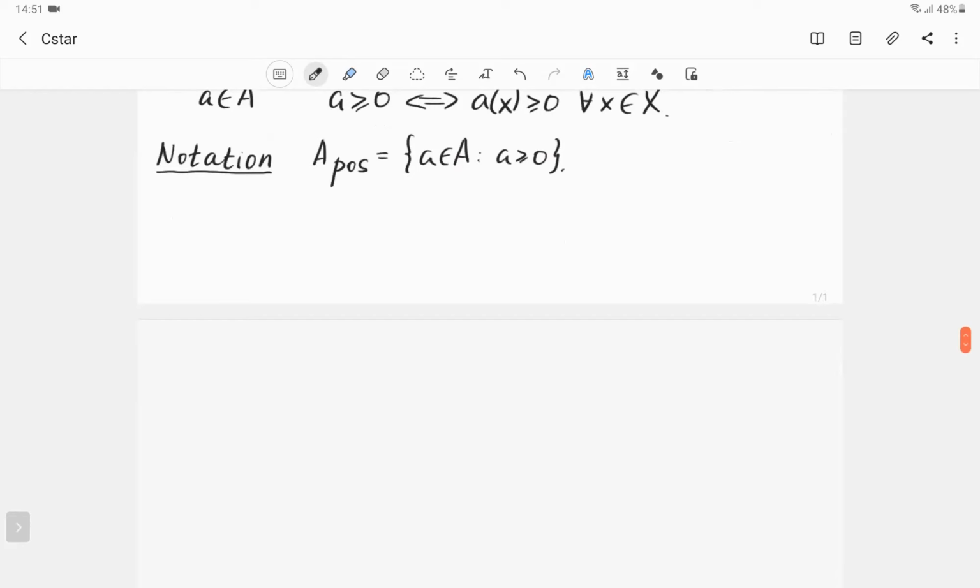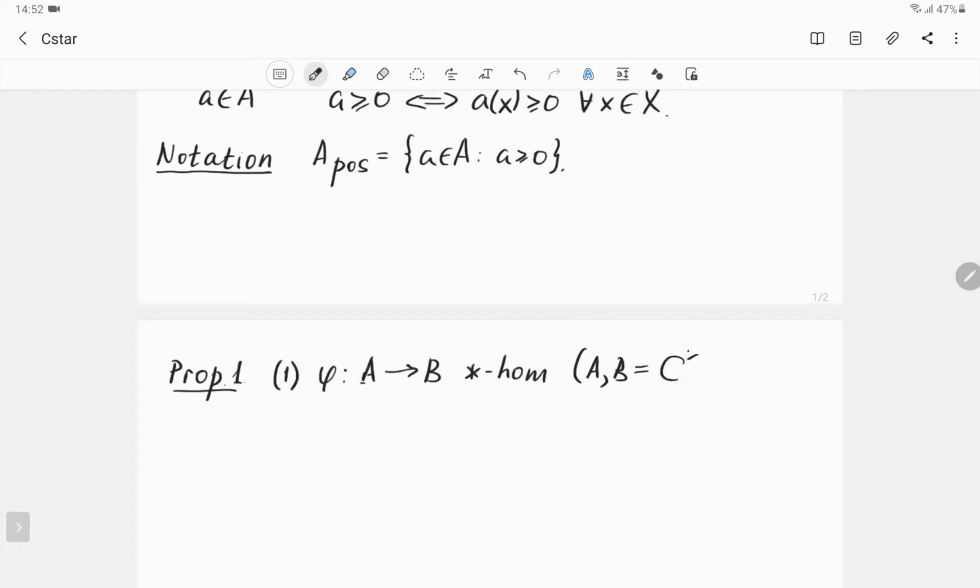We have the following simple result. This is proposition 1. First of all, suppose that phi is a star homomorphism between C-star algebras A and B. Then phi takes positive elements to positive elements.